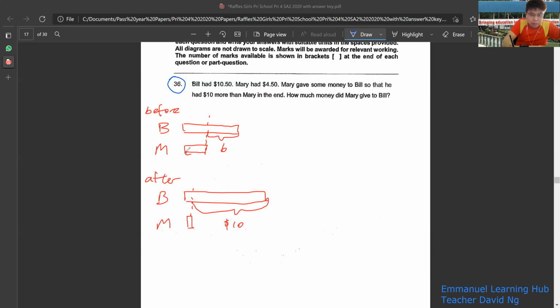Yeah. Okay, you understand the model drawing? Yes. You understand all? Yeah.